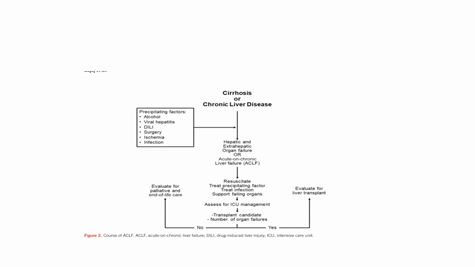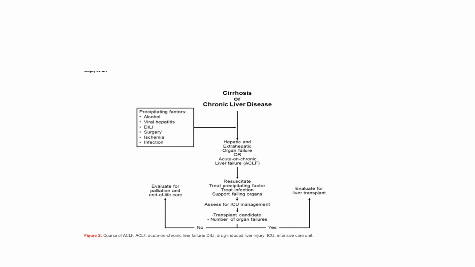Then we need to see if there is any extrahepatic manifestation or not. Then we need to resuscitate this patient properly. While resuscitating, treat the underlying precipitating factor. If infection is there, then treat the infection.